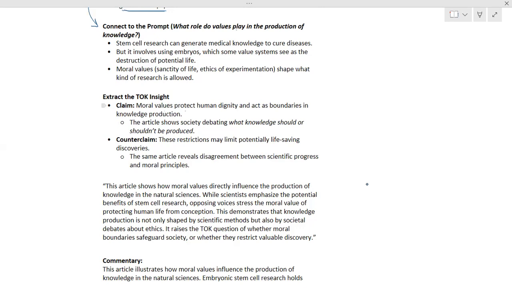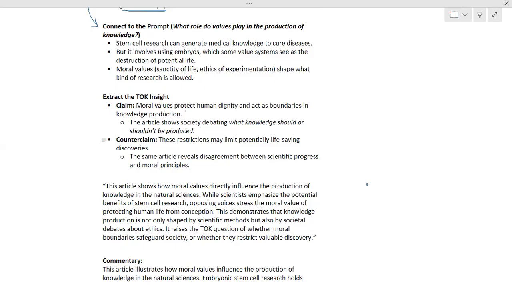So for our article, you just have to give an image of the article in your final commentary, as well as the citation of where you have taken it from. So you can say that the article is showing how society is aware of the moral values and how moral values decide what knowledge should or shouldn't be produced.